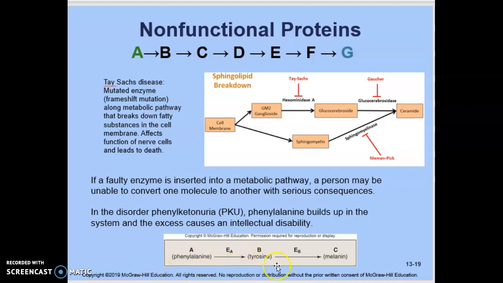This is only a small part of a metabolic pathway, and it leads to the production of melanin. And melanin is going to be the coloring within the skin and hair. So phenylalanine should be converted by this enzyme into tyrosine, which is then converted into melanin. But since this enzyme has a mutation, this phenylalanine just builds up in the system, and that actually is a toxin that will lead to intellectual disabilities.